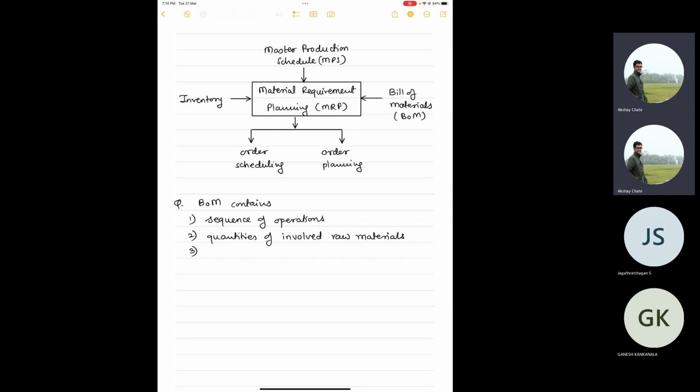Third, procedures involved in production of that goods or service, generally goods only.